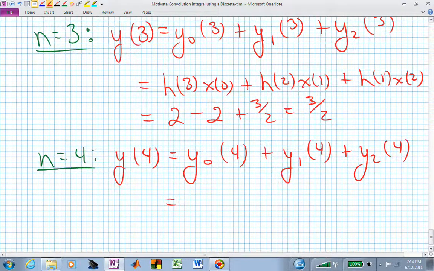And so, consequently, we do not have a value associated with the input applied at time 0 at time n equal 4. We do have, though, the response due to the input applied at time 1, 3 units later, which gives us y sub 1 at time 4, will be h sub 3 x of 1, and y sub 2 of 4 is now 2 units beyond the application of the input at time 2.